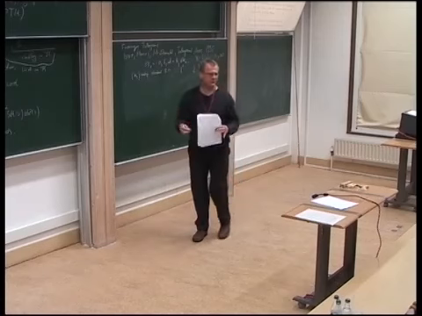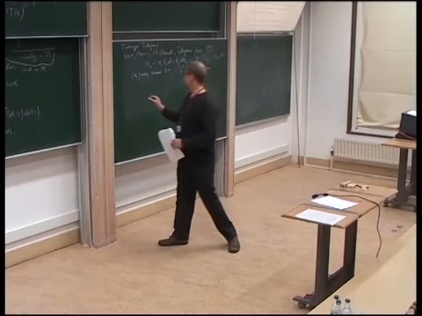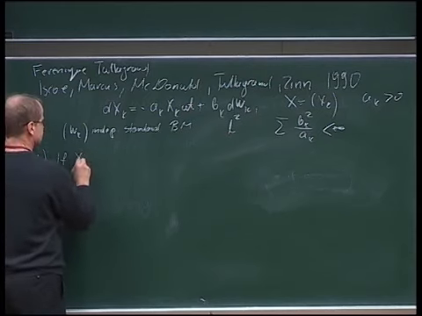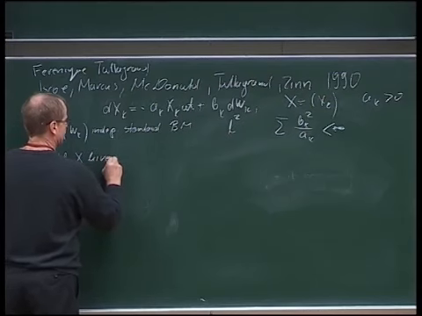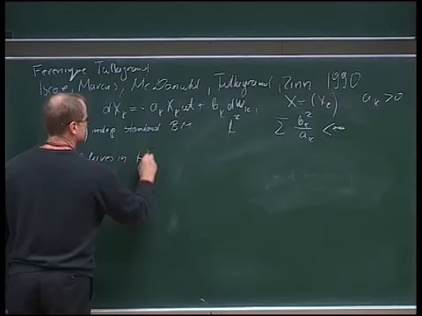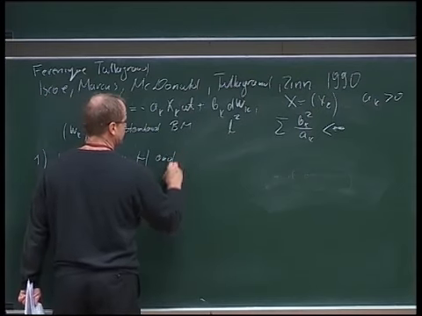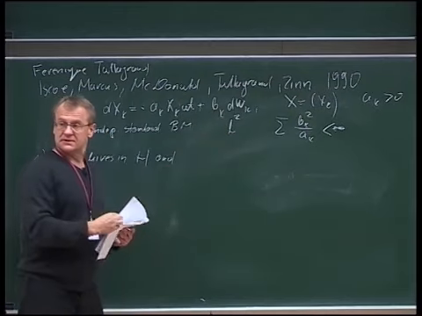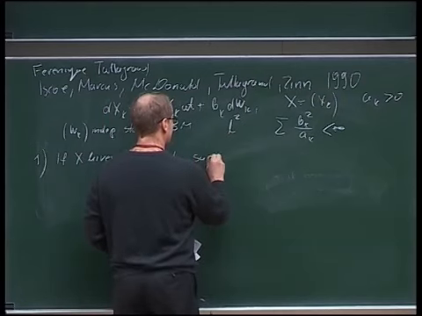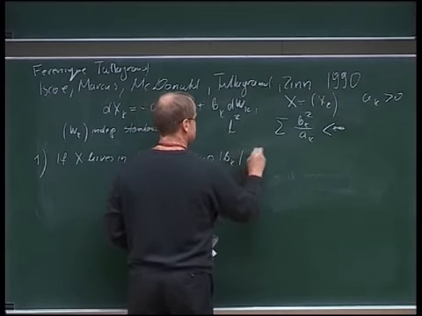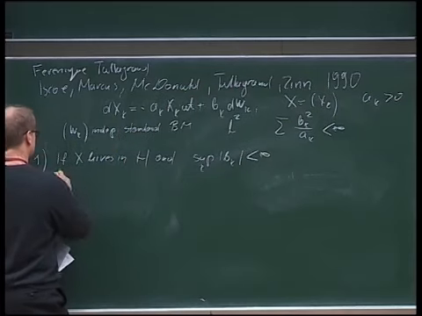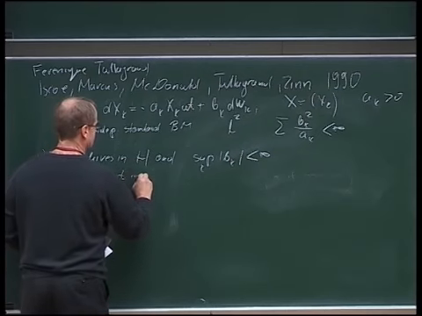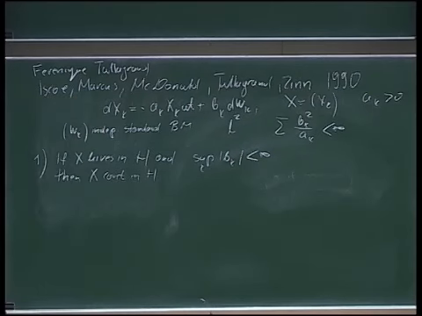So there are two claims. The first claim is the following: if x lives in H and this sequence is bounded, so the supremum over k of b_k is bounded, then x is continuous in H. So this is the first claim.